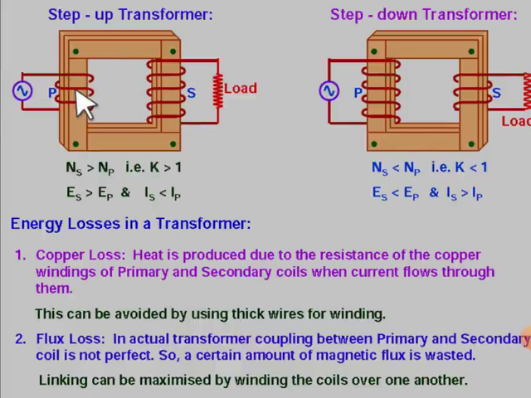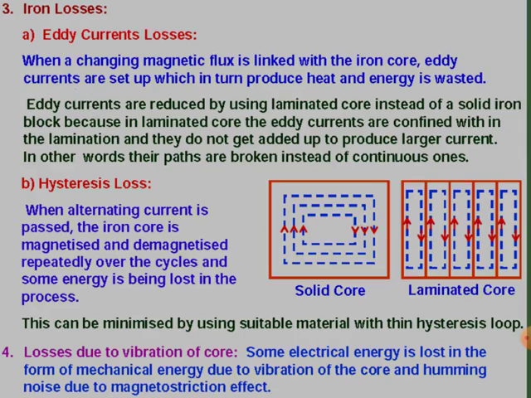In the next one, let's see the iron losses. Iron losses may be of two types. The first one is eddy current losses and the other one is hysteresis losses. Now what is meant by eddy current? Eddy current is that type of current developed in a conductor of large dimension whenever there is a change of magnetic flux.